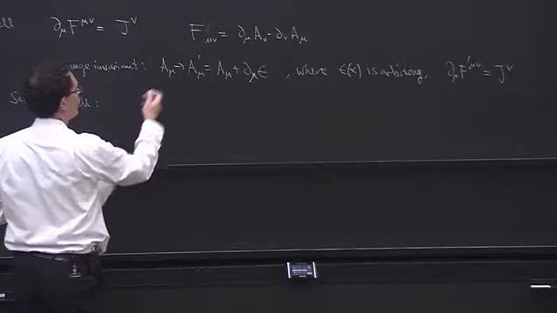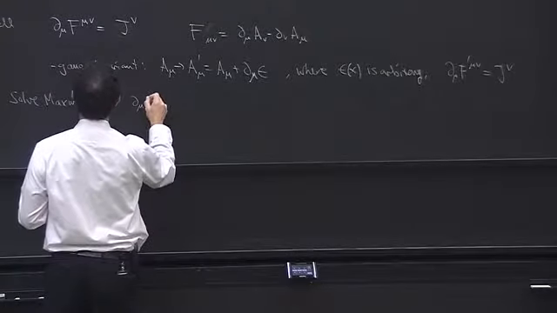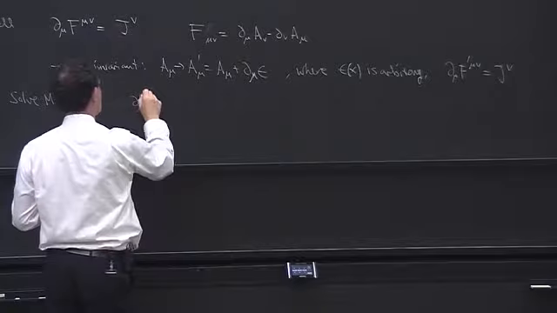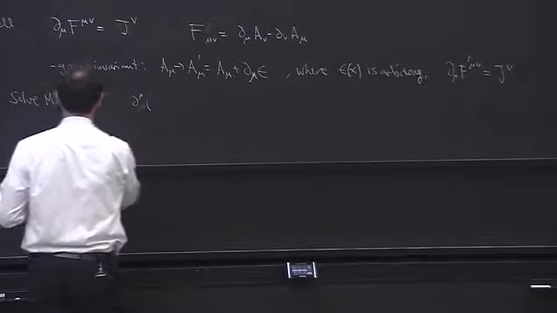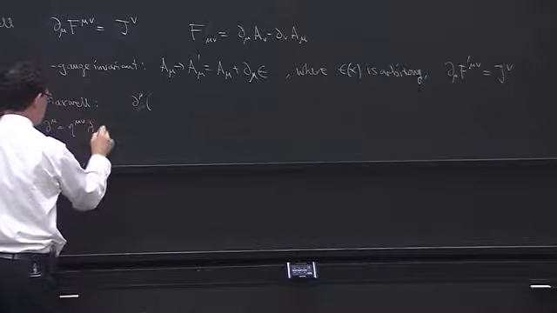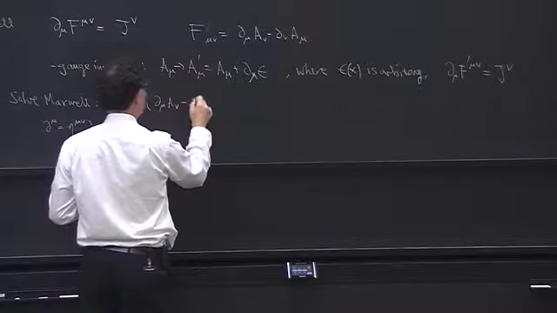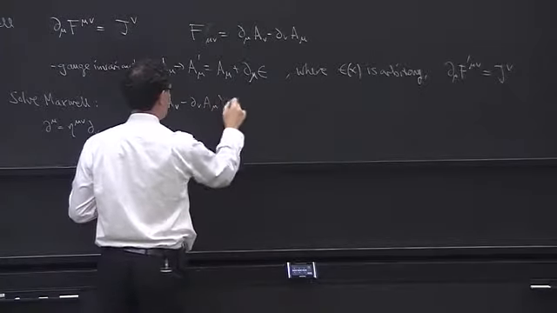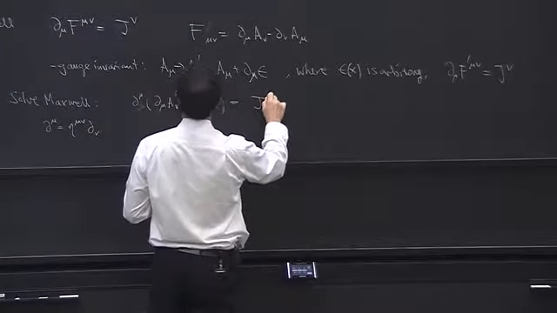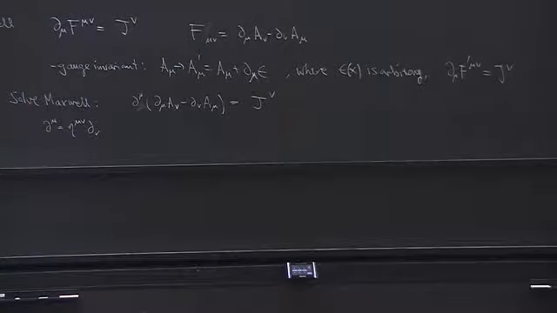Now, it's a linear equation, so we can Fourier transform. Let's write it all out. Remember that a d mu with a raised index is just eta mu nu d nu. And then d mu d mu A nu minus d nu d mu A mu equals j nu. So I have to solve that equation.